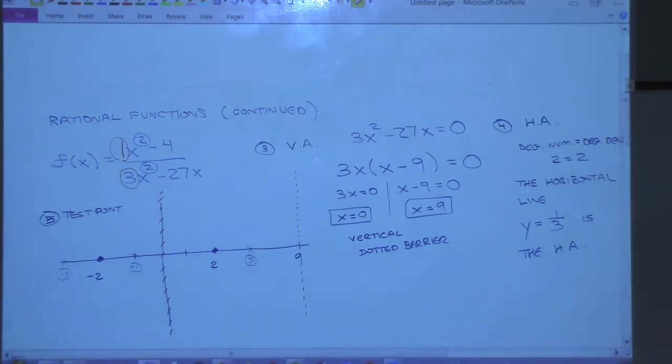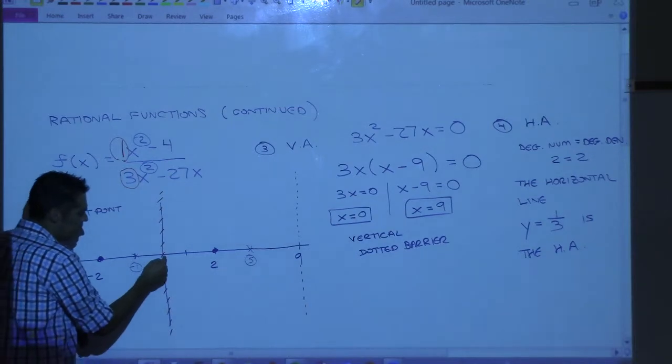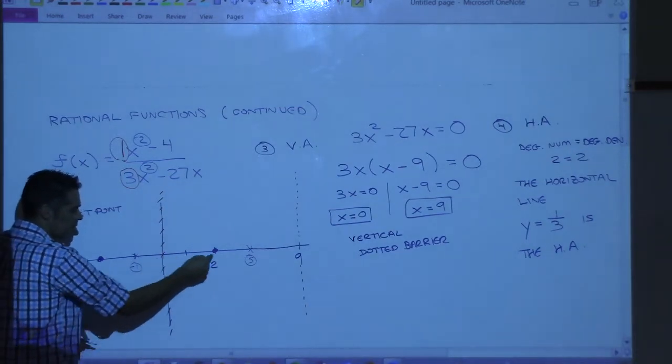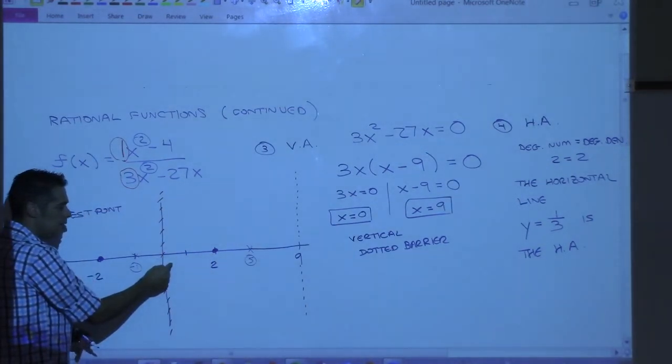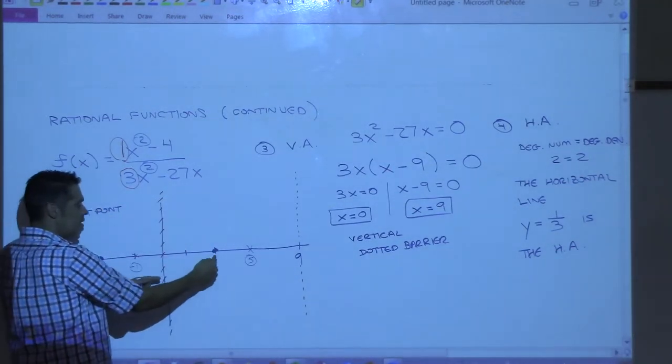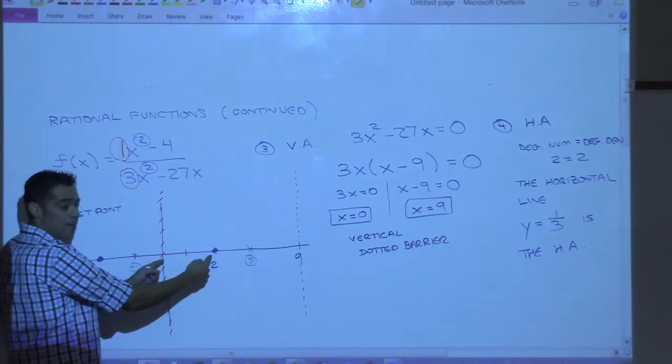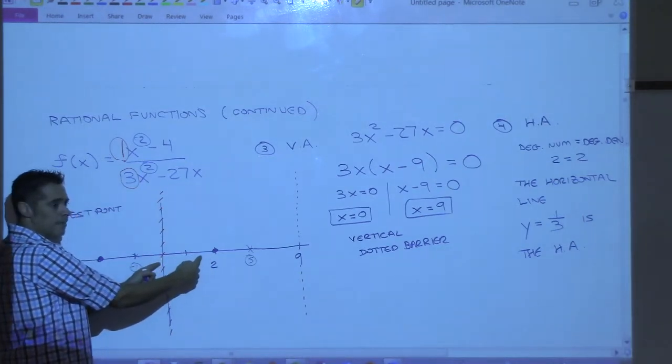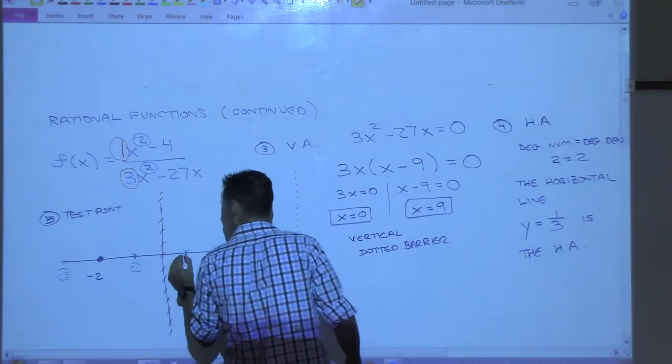Is there any region of the graph that we don't know what's going on? Do we know what's happening between here and here? We don't, do we? We know that the graph over here is supposed to go up or it's supposed to go down, right? But all I know is this point, right? So I need some information about what's happening here. So a good test point here would be 1.